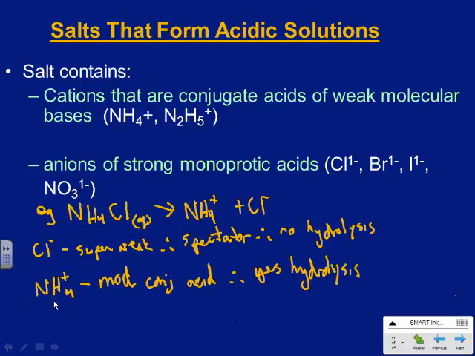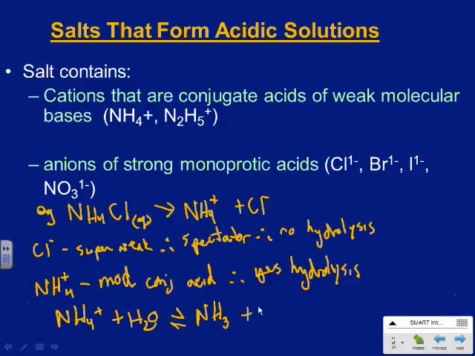And I'm going to just quickly write the hydrolysis reaction. NH4 plus water. It is an equilibrium. What am I going to get? An NH3.